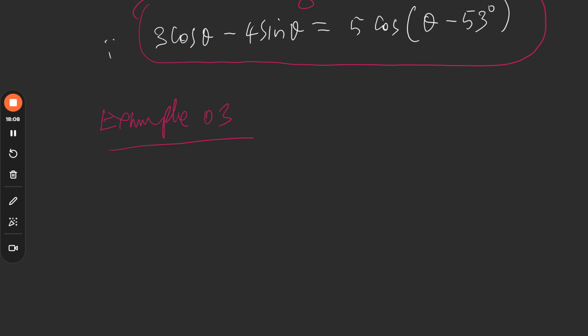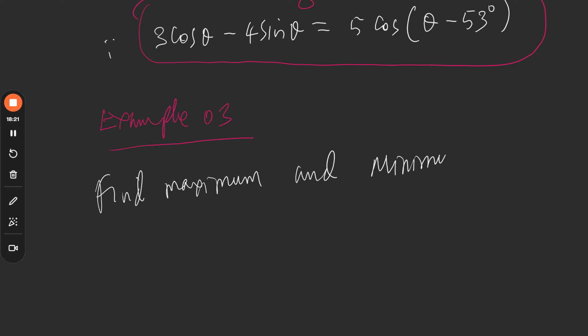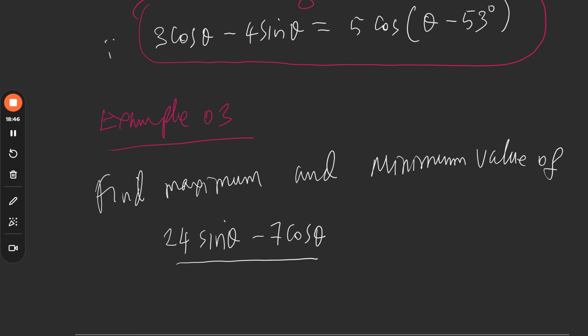With example 3, find the maximum and minimum value of 24 sine theta minus 7 cos theta. So we are going to find the minimum and maximum value of this expression.